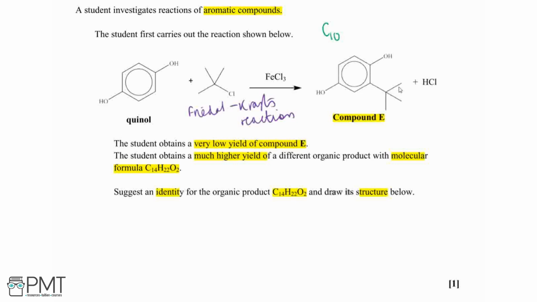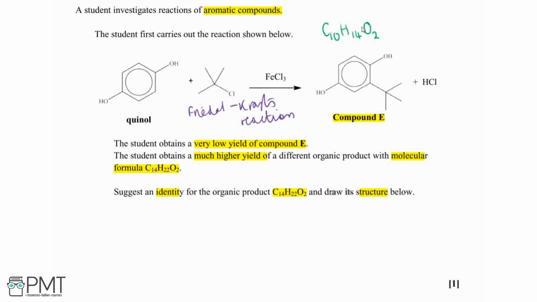So there's 10 carbons there. For hydrogens, we've got 1, 2, 3, 4, 5, and then we can add on 9 overall from this group over here. So overall we've got 14 hydrogens and we've got 2 oxygens there overall.